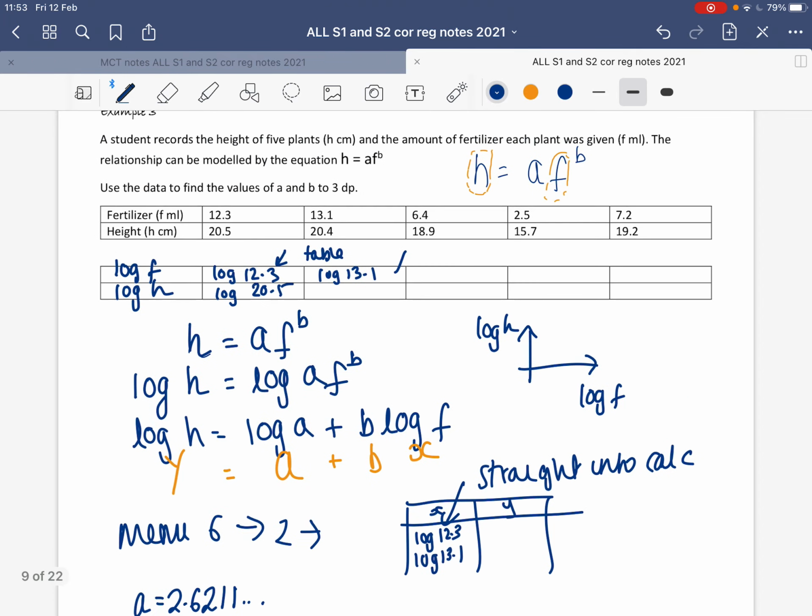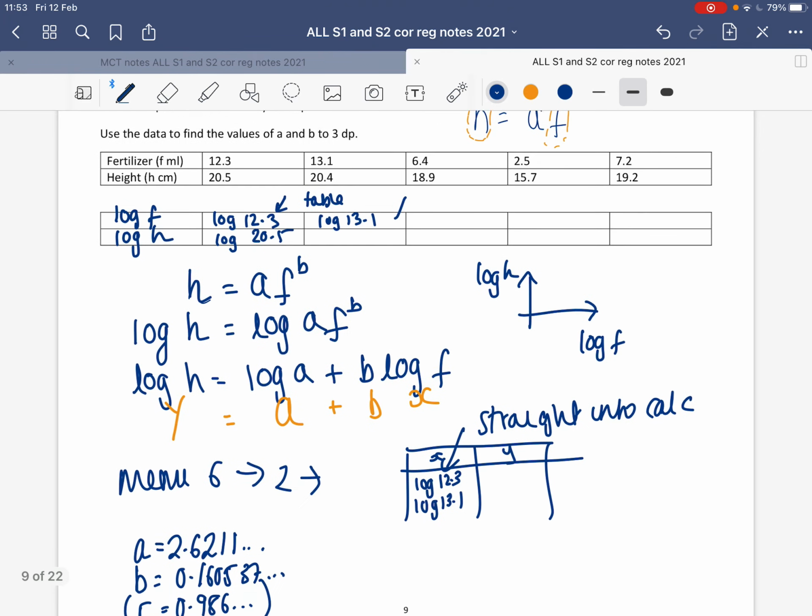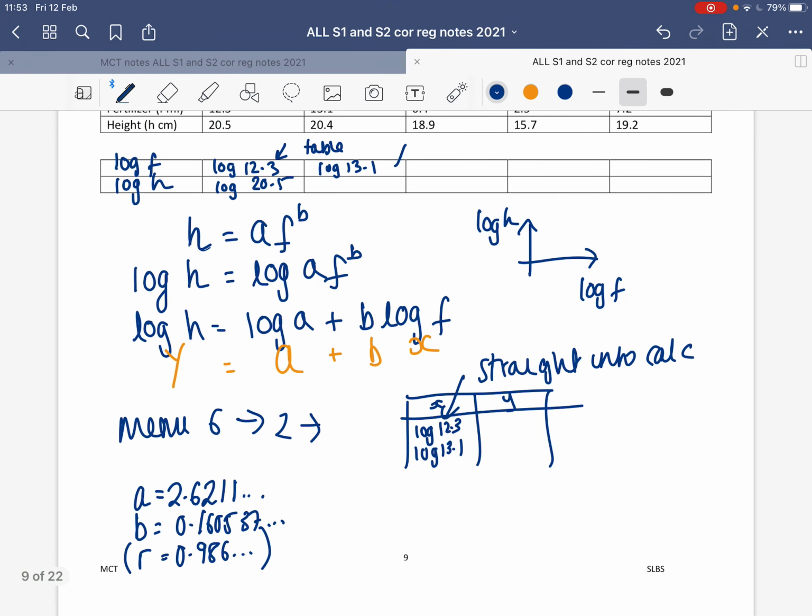And then we've got to write out what we actually asked for. Find the values of A and B to 3 decimal places. Don't get confused here, because this is what just came out of my calculator, which gives me the gradient and the y-intercept. So I'm going to put those into this now.